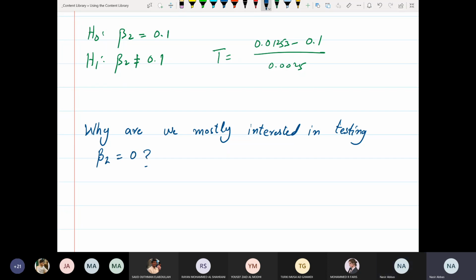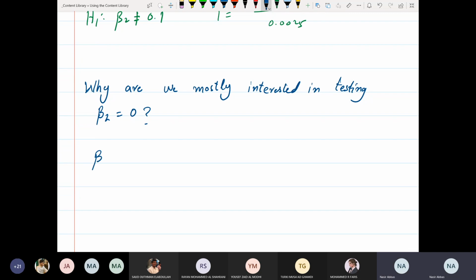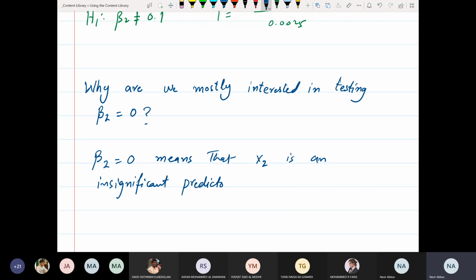Because beta 2 equals 0 means that x2 is an insignificant predictor, and hence should not be in the model.